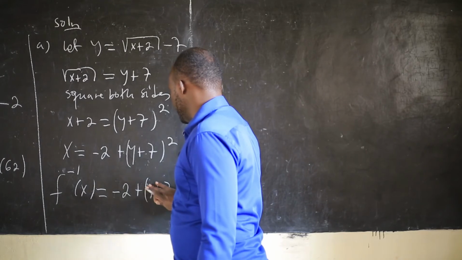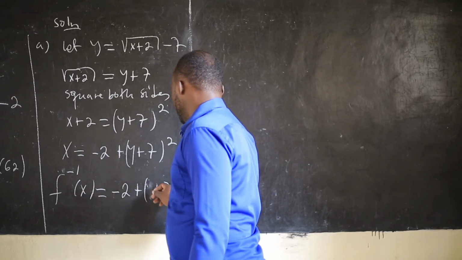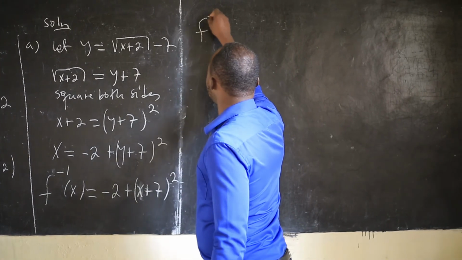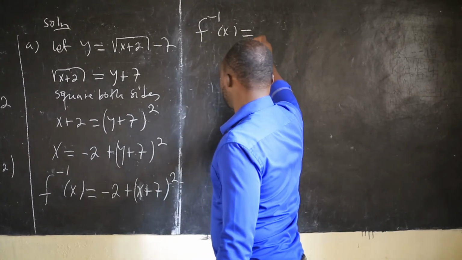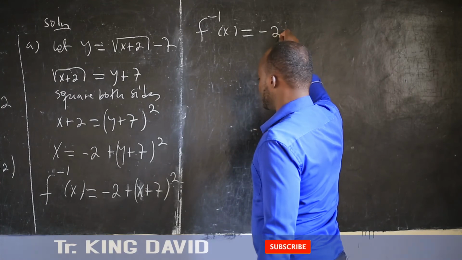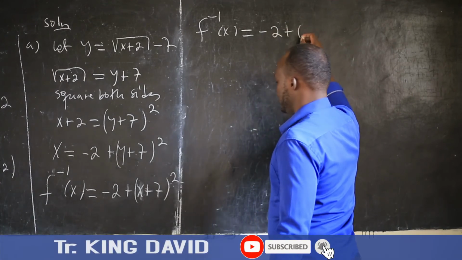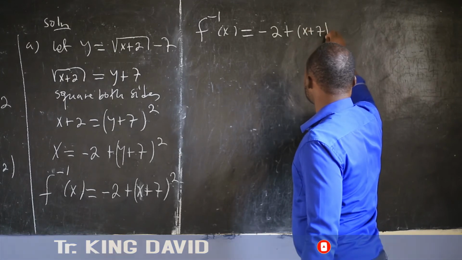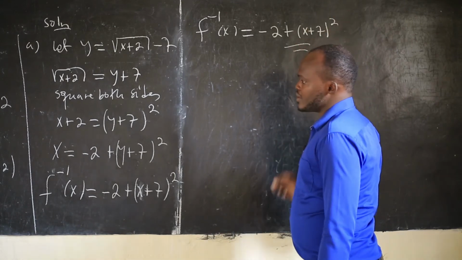So this is x. So our inverse is negative 2 plus x plus 7 squared. So that was A.